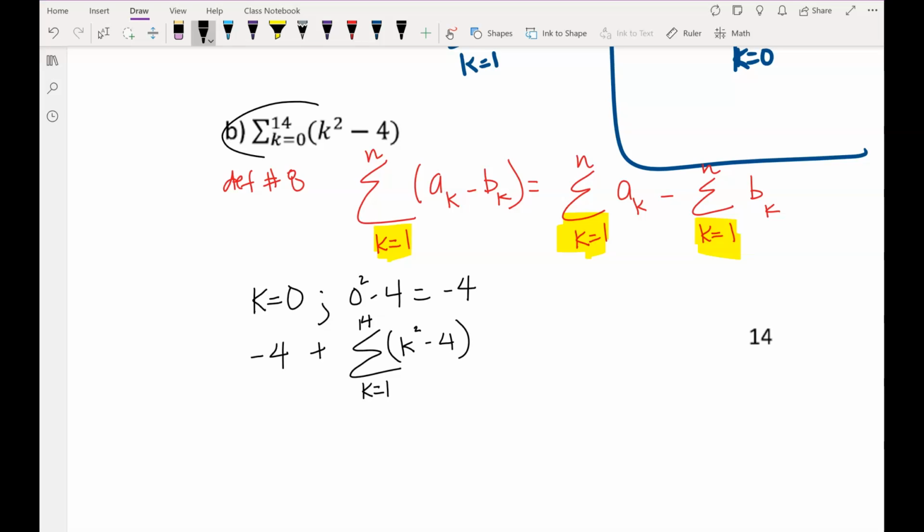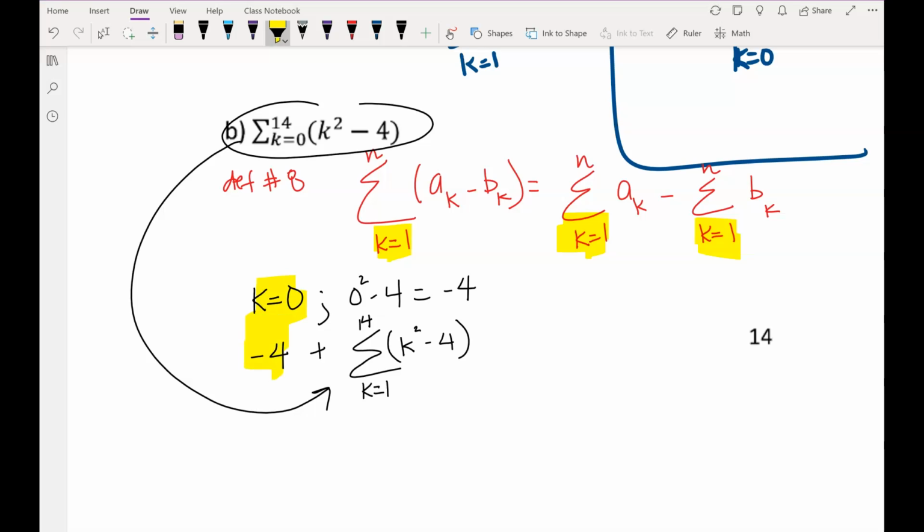So students, all I'm really doing is breaking this up into when k equals 0, get the constant here, and then recopy the problem for the remaining k values that we haven't used. All right, so now I can go and use this formula, right? Because now k is starting at 1.